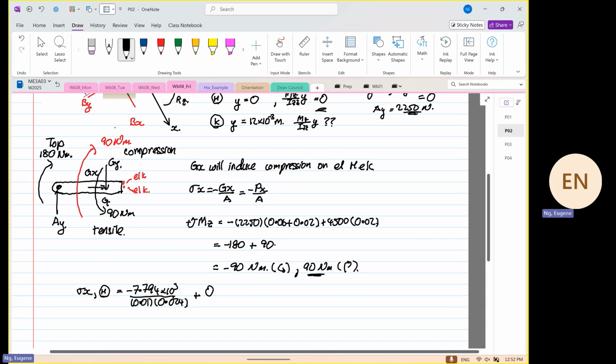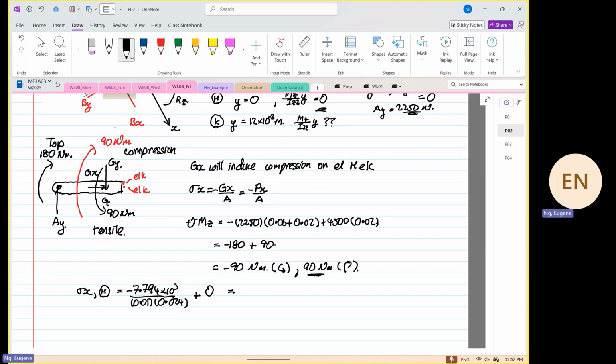Because at H, this is equal to 0. So this will be equal to minus 7.794 times 10 to the power 3 divided by 0.01 divided by 0.024. The stress is equal to minus 32.475 times 10 to the power 6 Pascal.